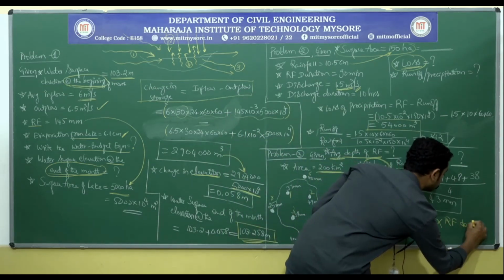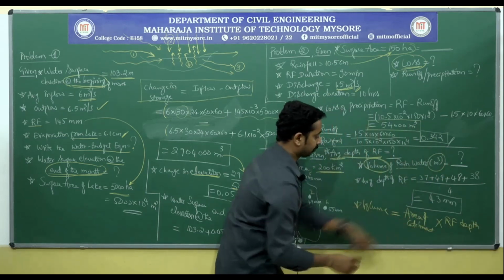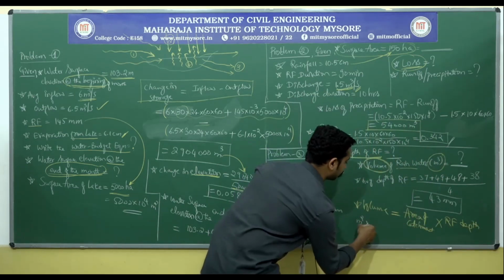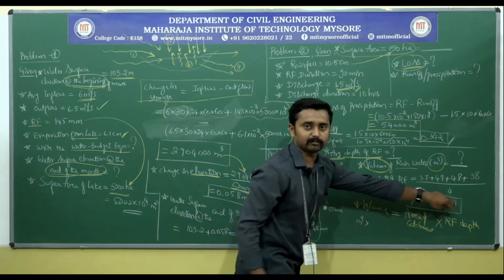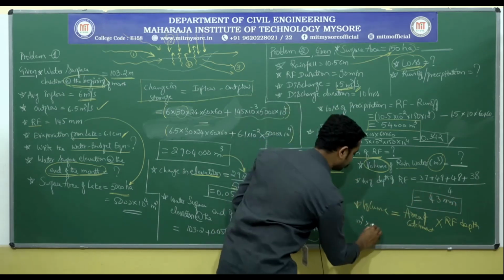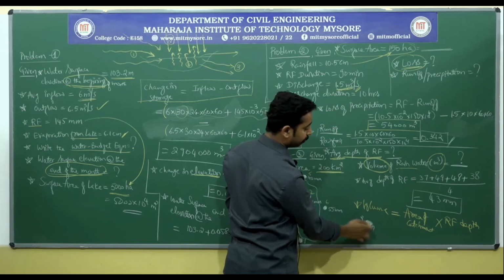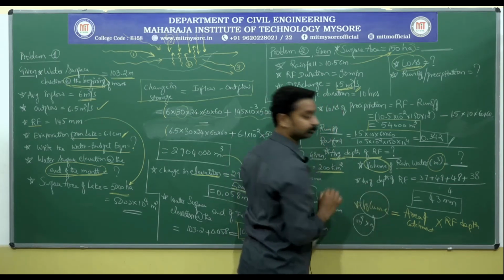Area is in meter square, multiplied by depth. Rainfall depth is in mm, converted to meter. So meter square into meter gives meter cube, which is volume.